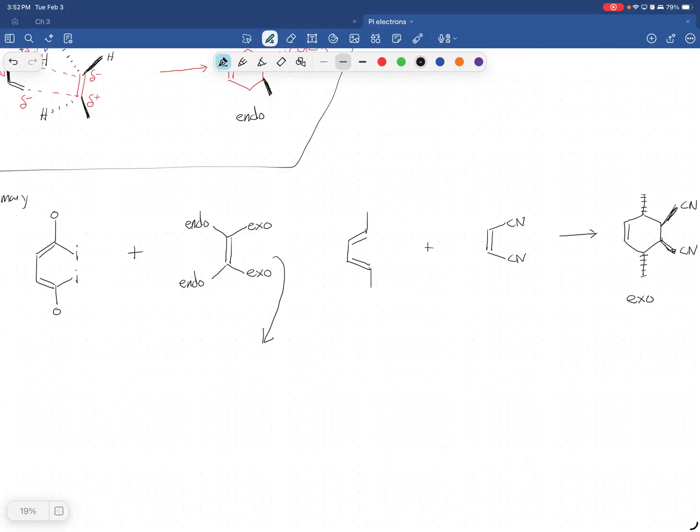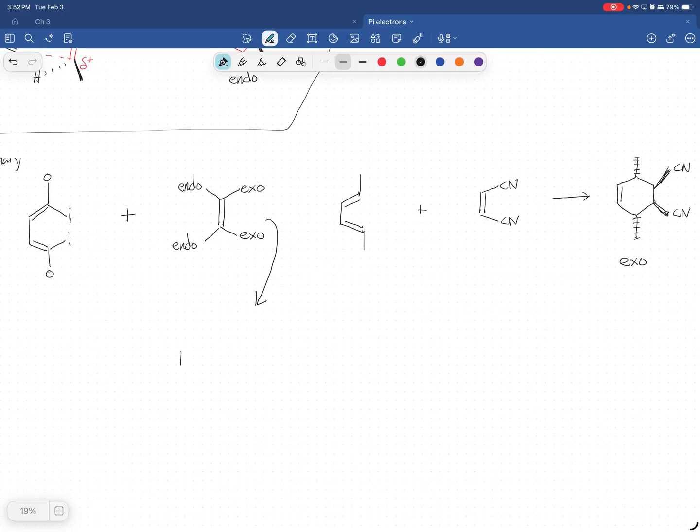So, when I was drawing this, sorry, this is a little messy, this arrow here. This is what the product would look like. Let me just show you this. So the exo groups, the outside groups, would be dashed. The inside groups are going to be wedged.